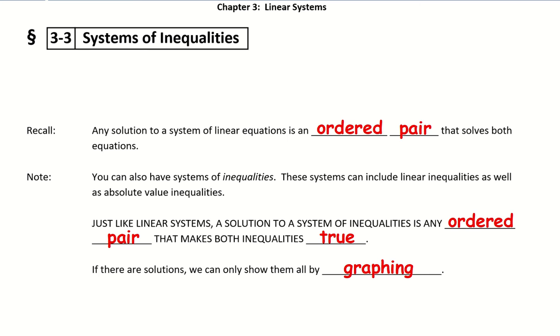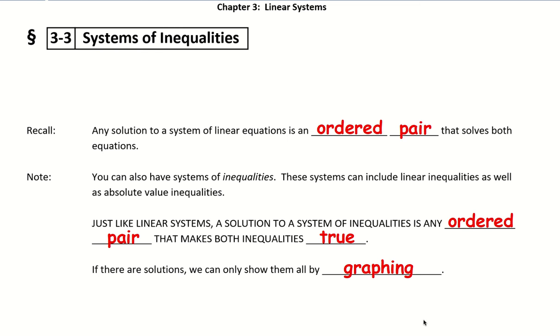But if it hasn't hit you already, you're not going to be in a situation where you have two lines crossing at one and only one point. Do you remember, all the solutions to a linear inequality or an absolute value inequality?